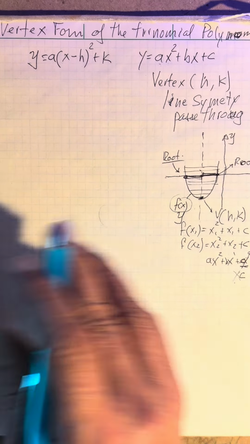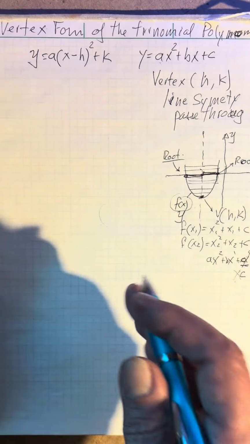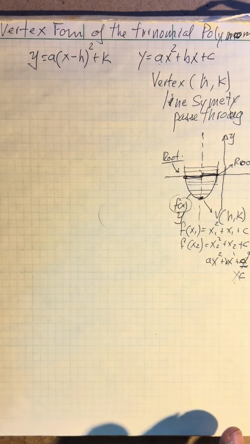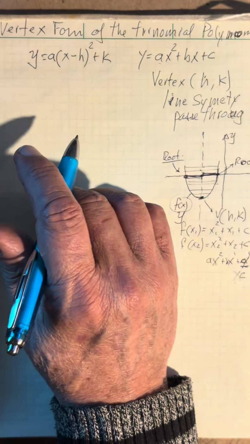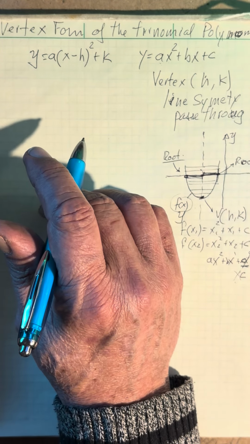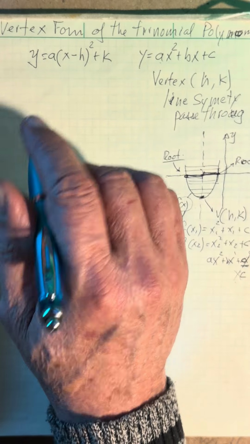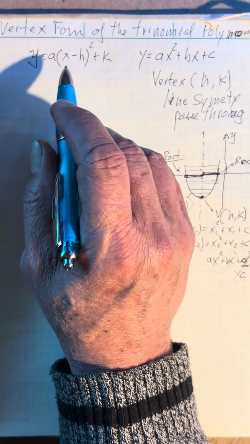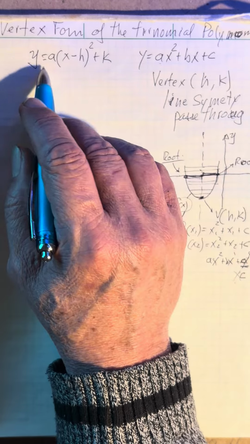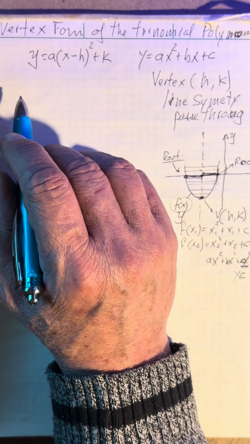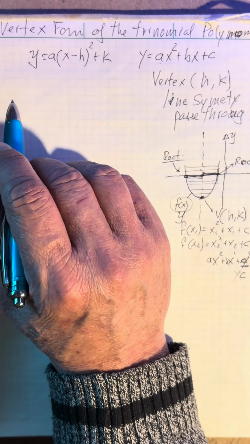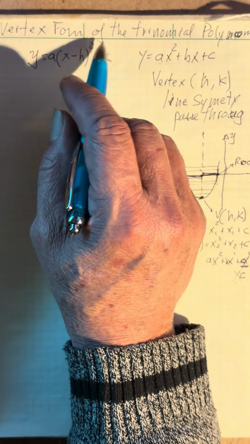So in any case, I just want to touch all bases with all this stuff. The whole point here is to decipher where this vertex formula comes from. So this is the vertex form trinomial.